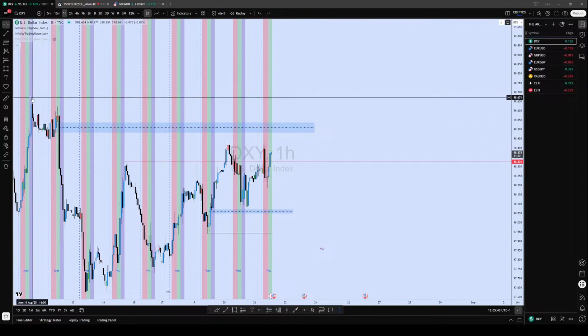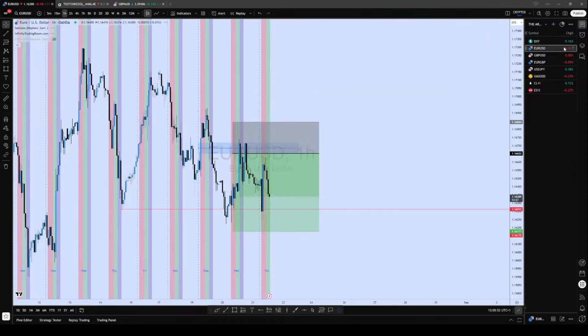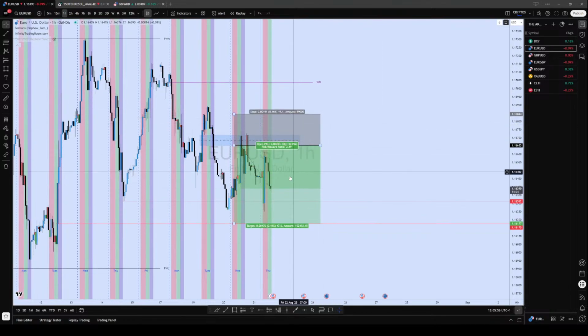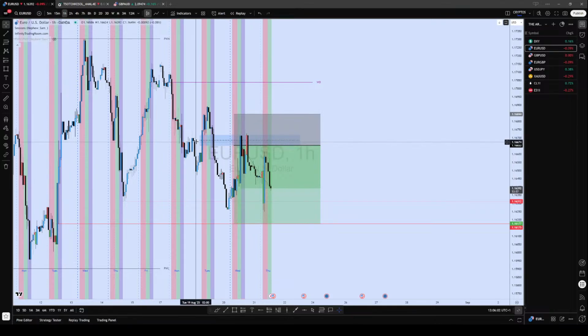This is our draw on liquidity. The equal high has been successfully run twice now, hence we're expecting higher prices. That means euro is going to go down, and yesterday I gave you a specific level to sell if you wanted to sell. They came right there, that inverted fair value gap, and then rejected.